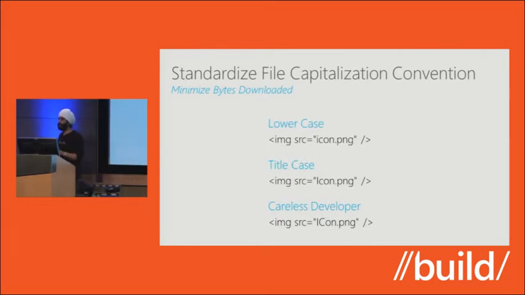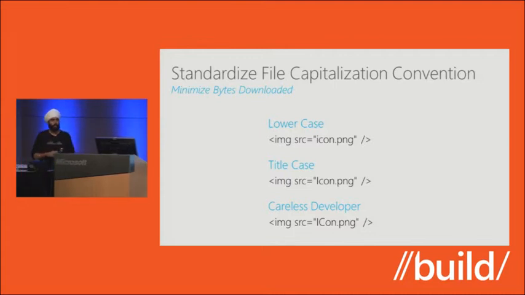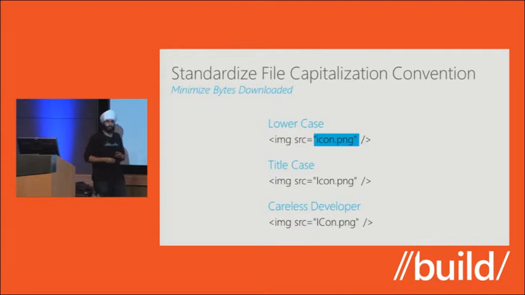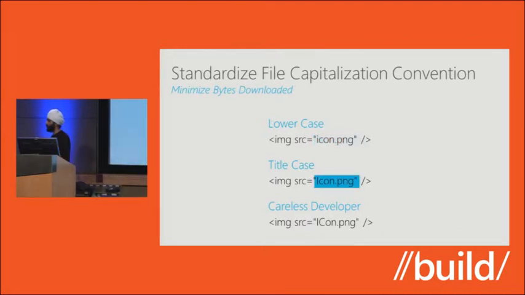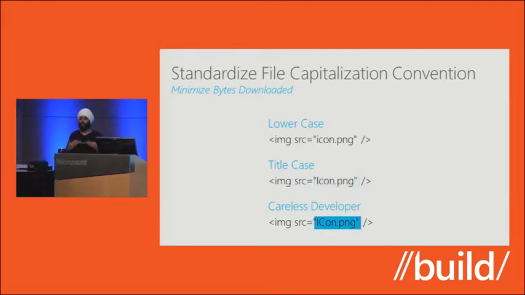Use standard file capitalization. This one often catches people by surprise. Let's think about a scenario. We're downloading an icon here. The first time we download that icon, we specify the source in lowercase. At a different part of the page, we think what we're downloading is the same icon, but this time we specify it in uppercase. And then there's the careless developer case where I just type it in very quickly.